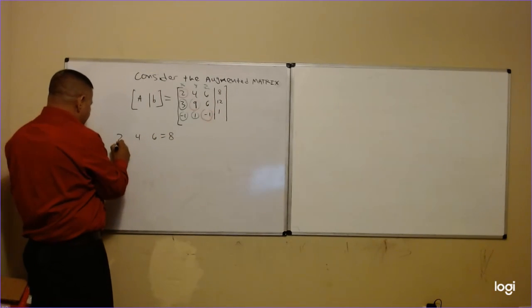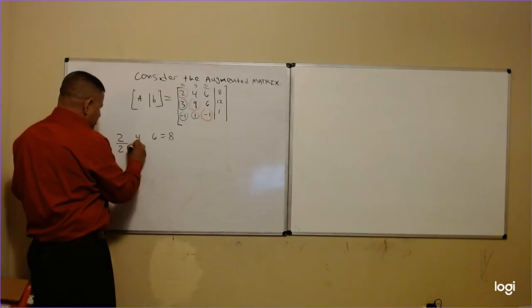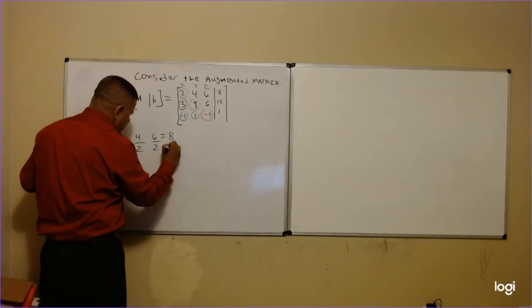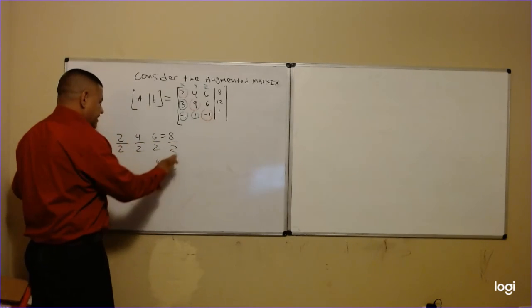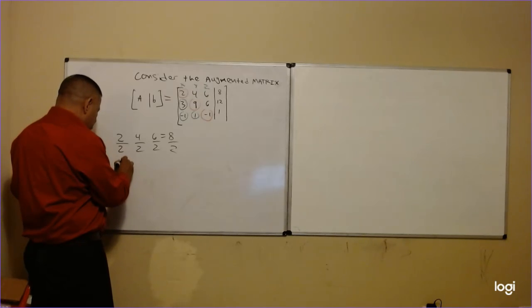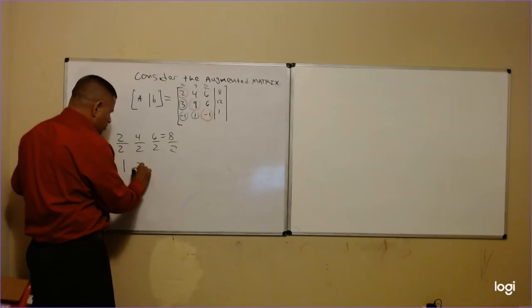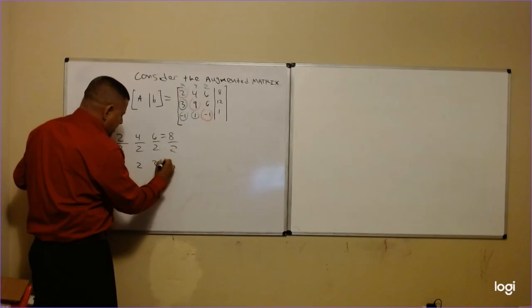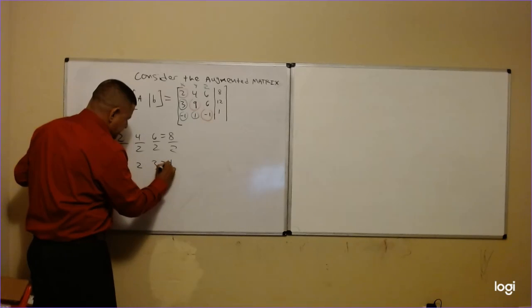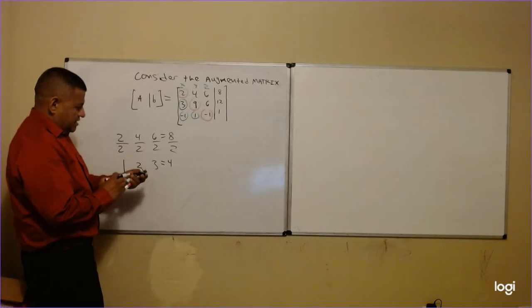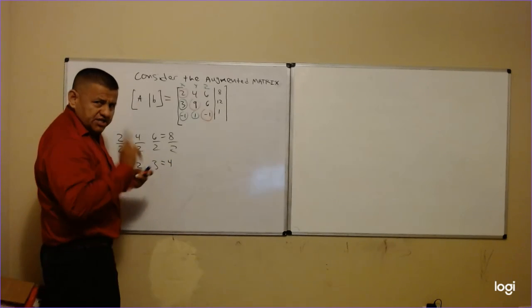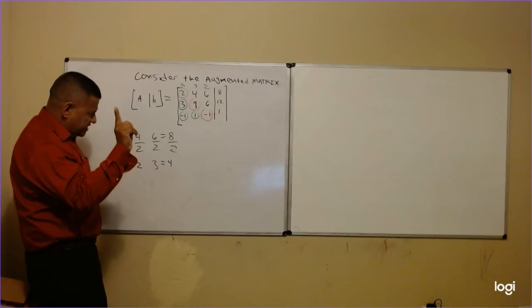If I divide everything by 2, I get 2 divided by 2, that divided by 2, and this divided by 2, right? So this is equal to 1, 2, 3, and 4. See that? That will be my first step.